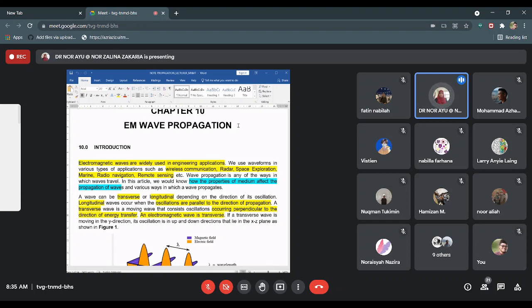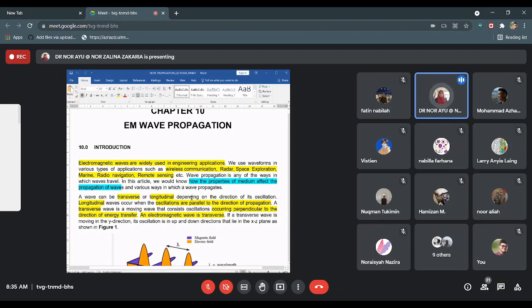Then we have Faraday's law, and now the last one is the combination of the magnetic and the electric field, which produces what we call the EM wave. So this electromagnetic wave is the combination of magnetic field and also electric field.